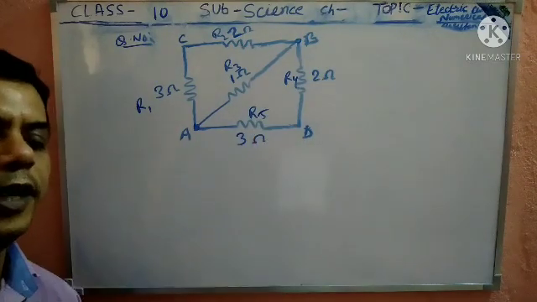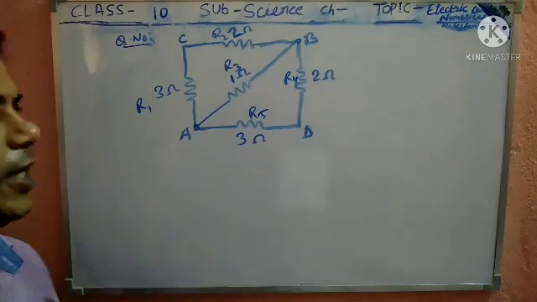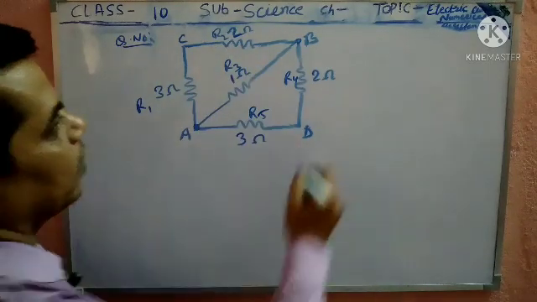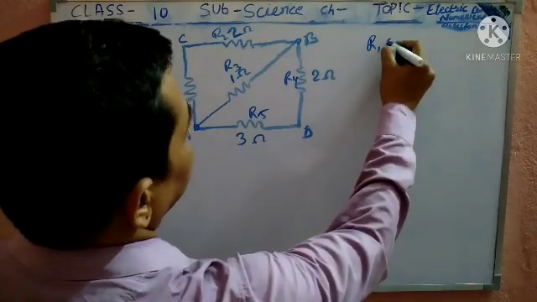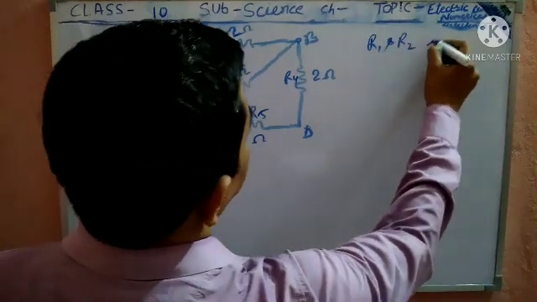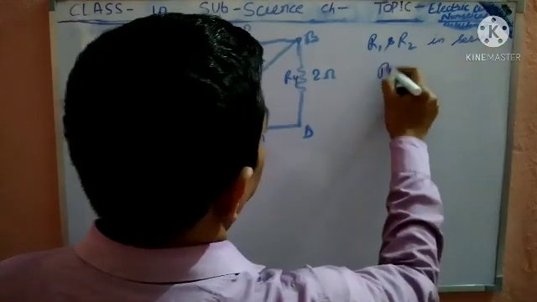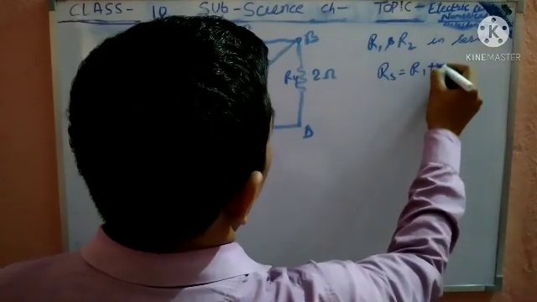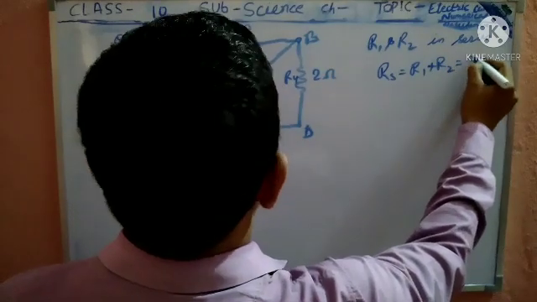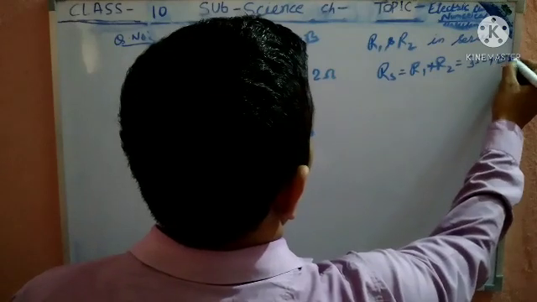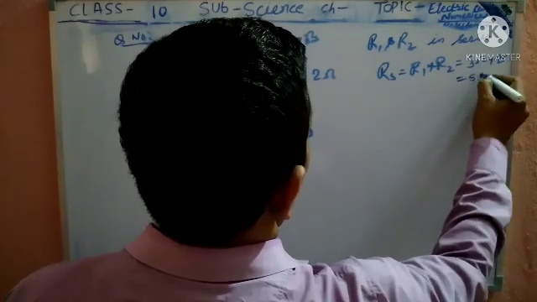Find the equivalent resistance. Take two resistances, R1 and R2, which are in series. So Rs1 equals R1 plus R2, that is 3 ohm plus 2 ohm, which is 5 ohm.